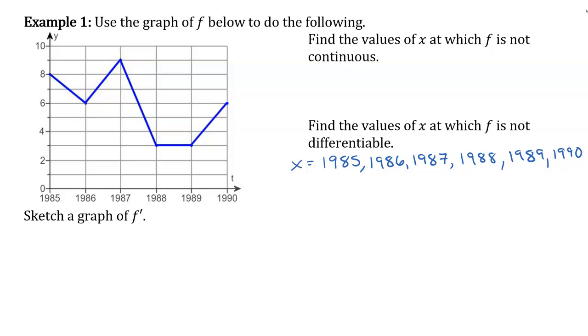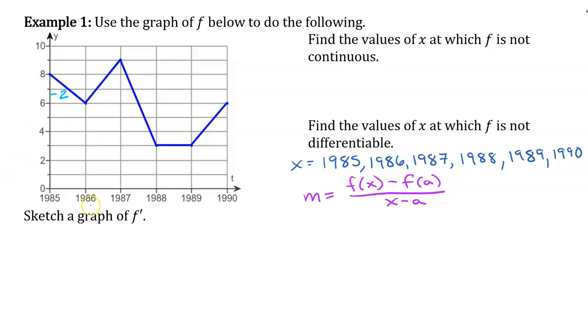So slope, remember, would be f of x minus f of a over x minus a. So all of these lovely doohickeys here. From 85 to 86, that means I have a slope of -2 there.